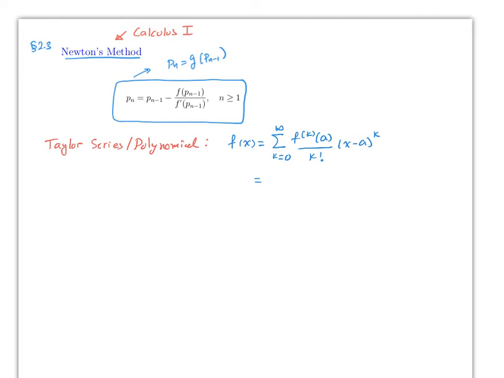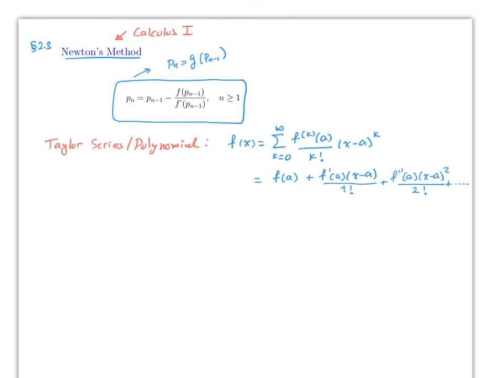Or if you expand it, this will be equal to f evaluated at a plus the first derivative evaluated at a times x minus a divided by 1 factorial, which is 1, plus the second derivative evaluated at a times x minus a squared over 2 factorial plus, and then it keeps going.